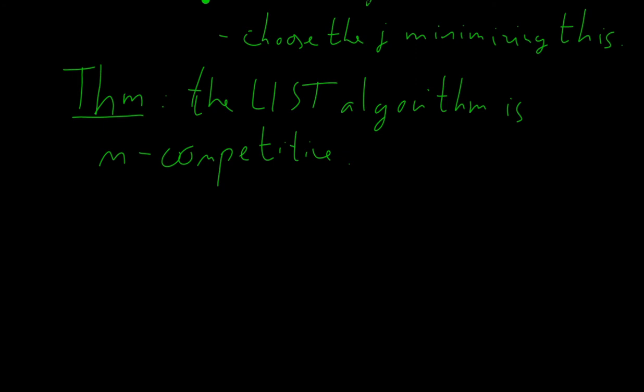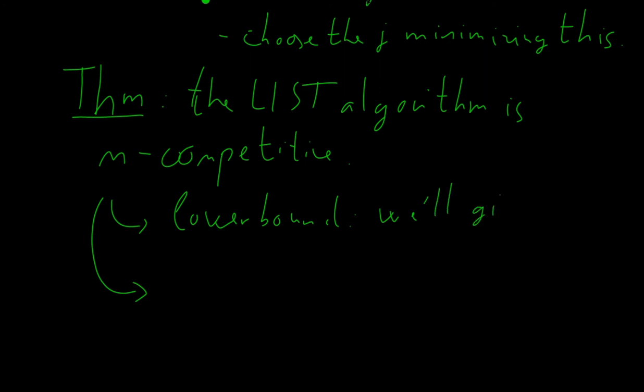Now, to prove this, we have to do two things. First, a lower bound. This is usually done by giving a bad input or a family of bad inputs. So for this we will give bad inputs.